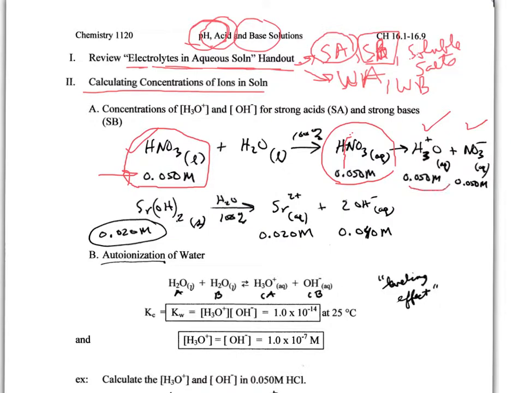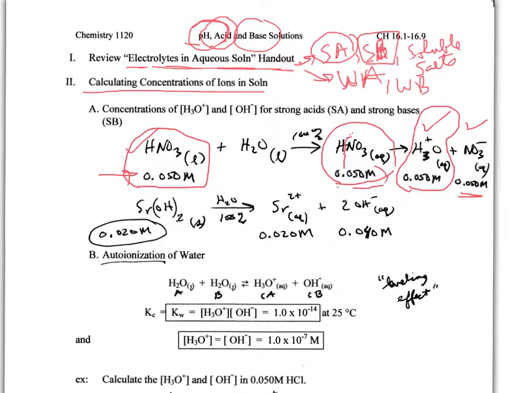But remember, there's really no such thing as H plus in solution, because H plus is just a proton, right, that reacts with H2O, and so you get the hydronium ion. And then of course you get the NO3 minus, which, if you recall, is the conjugate base ion from the HNO3.